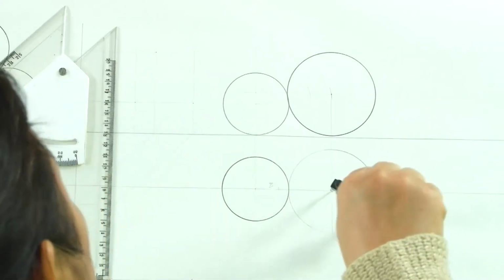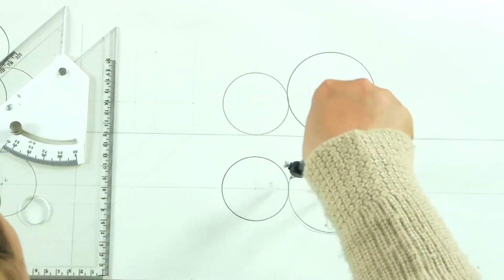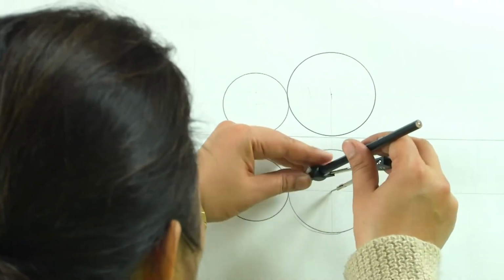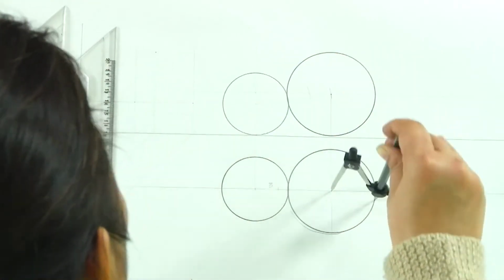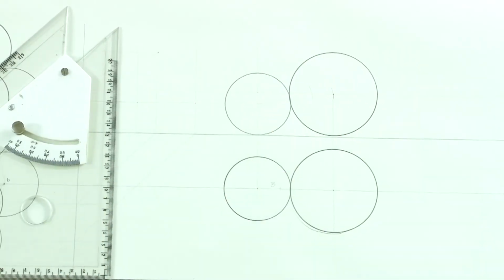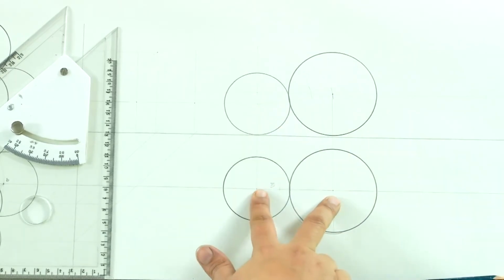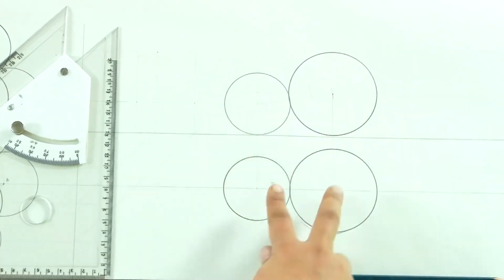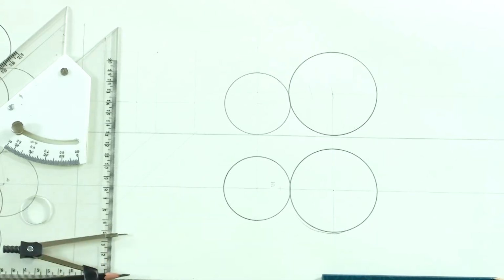So what we have is one bigger sphere and one smaller sphere, and we know how to locate their centers. This was a case where this line was parallel to one of the planes and inclined to another plane. Automatically it will get inclined to the other plane.